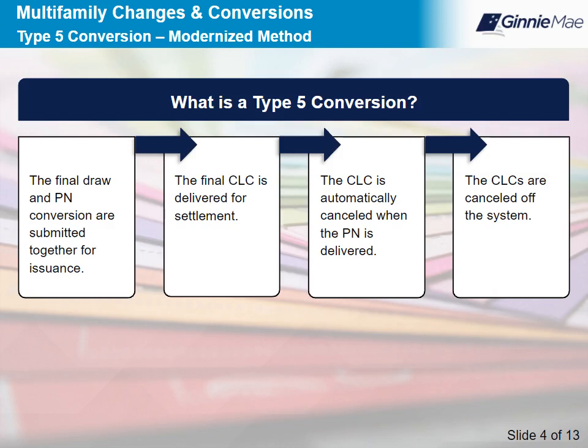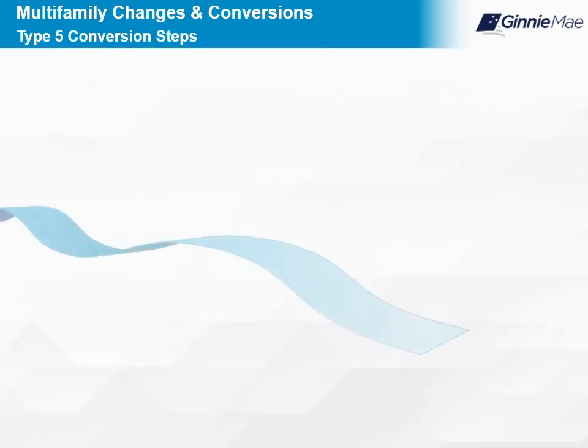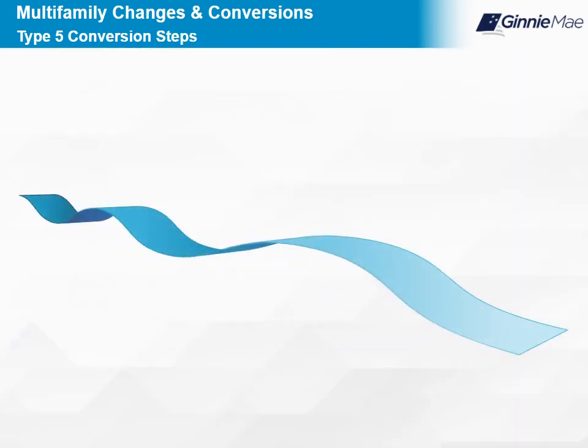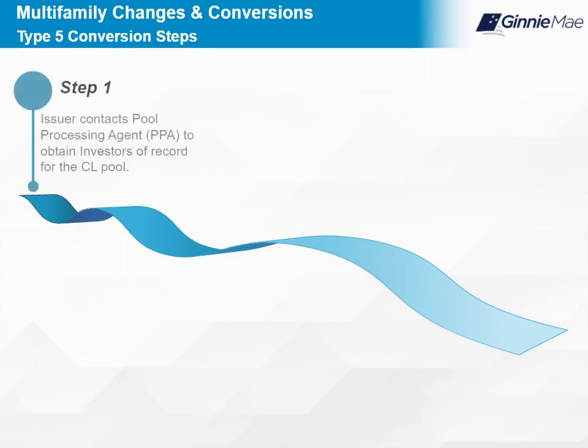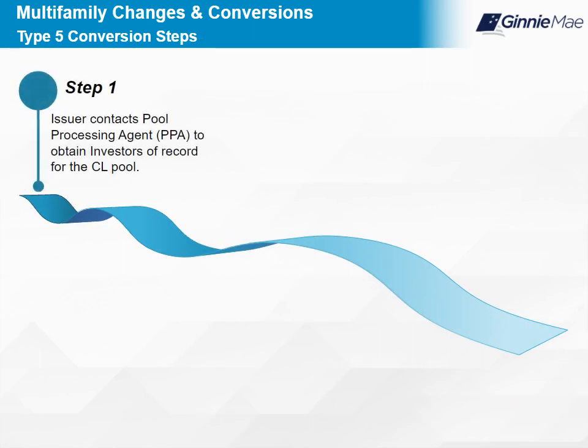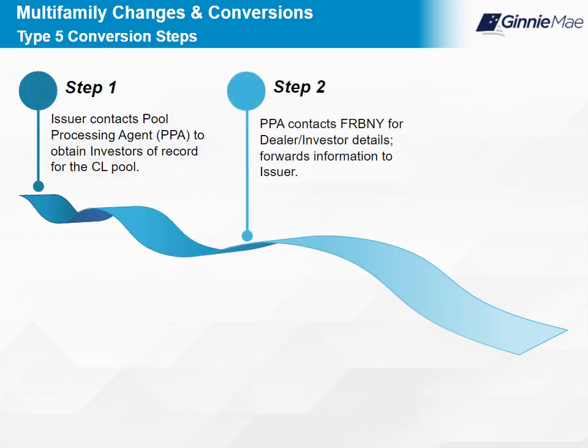Select Next to continue. There are 5 steps in the Type 5 conversion process. First, the issuer contacts the pool processing agent, PPA, to obtain investors of record for the construction loan, CL, pool. Second, the PPA contacts FRBNY for dealer and investor details and then forwards the information to issuer.